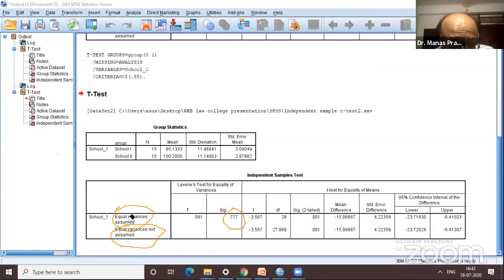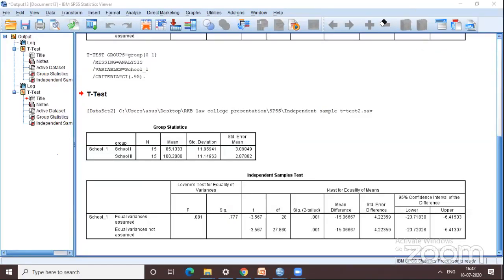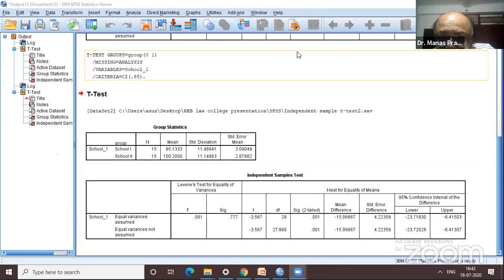So see, there are two t-values, you see. There are two t-values. This one is a t-value, this is a t-value.